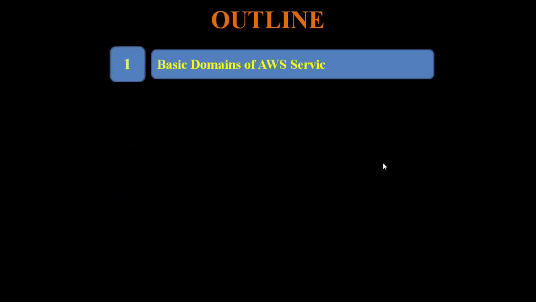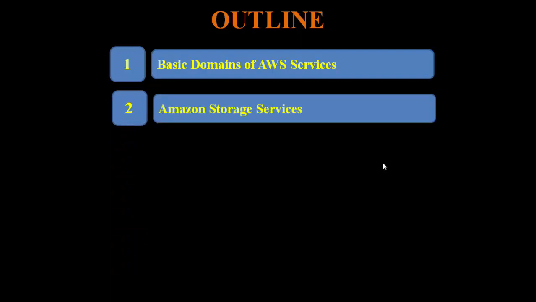First of all, let us have an outline of today's video. First we will discuss the different domains of AWS services. There are a number of domains in AWS services, and we will discuss all of them in detail. But in today's video, we will discuss in depth one domain, that is Amazon Storage Services.